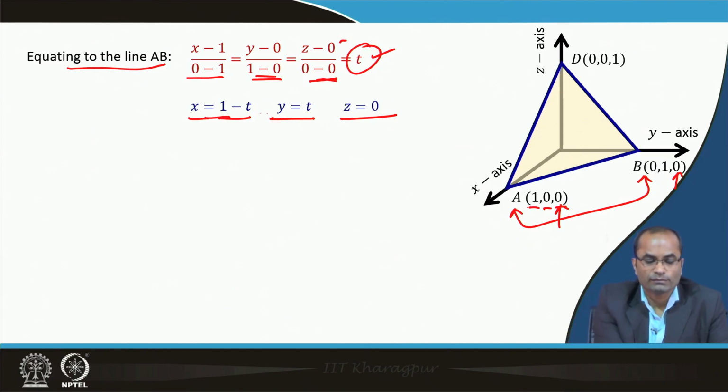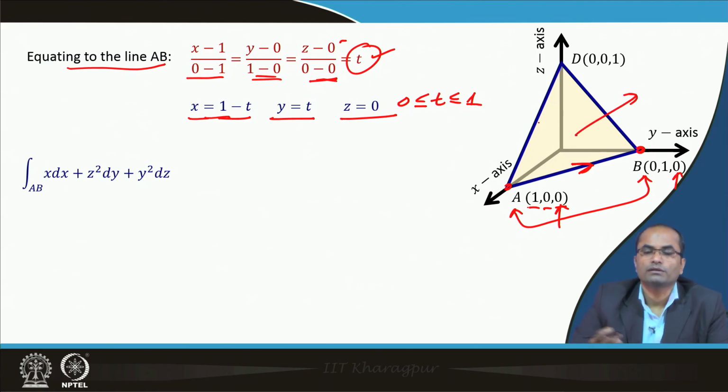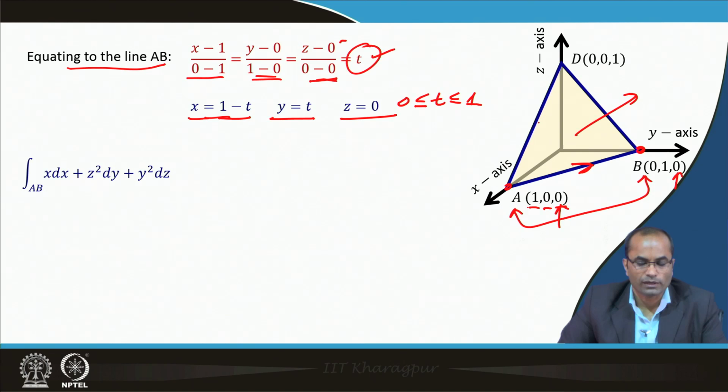When t is 0 we are at point A, 1 0 0, and when t is 1 we are at point B. So t goes from 0 to 1, and we take the anti-clockwise direction, with the outer normal on the surface, to have the equality of the conclusion.